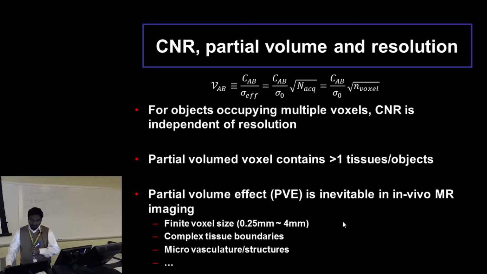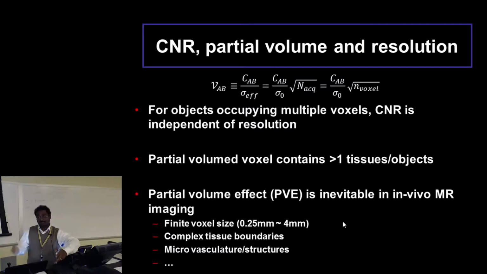Partial voluming is a practical aspect that you would face in your data collection, because you always have a finite resolution, and some of the objects will always be smaller than the voxel size you're imaging. For example, if you're doing 1 millimeter cube voxels, the capillaries, which are much smaller, will always be partial volume.